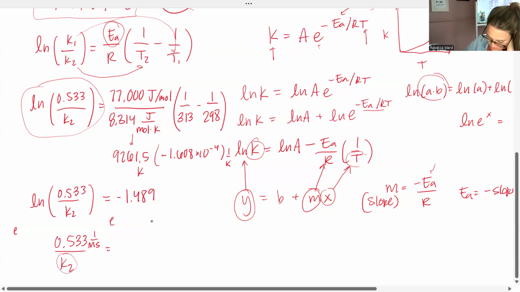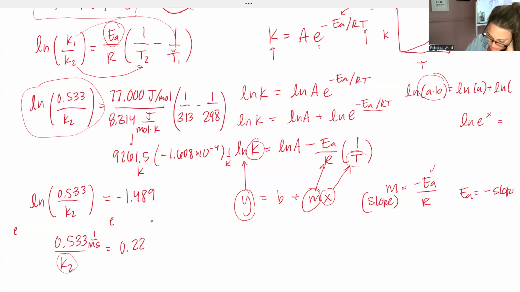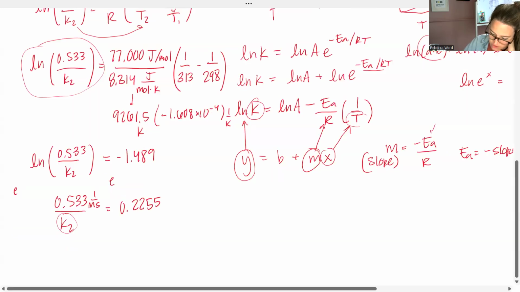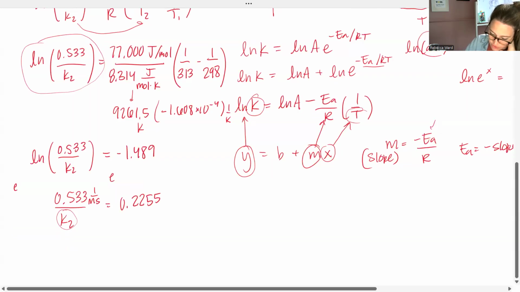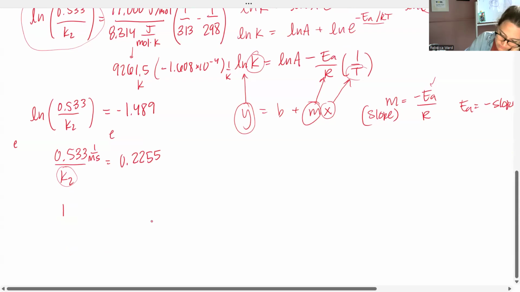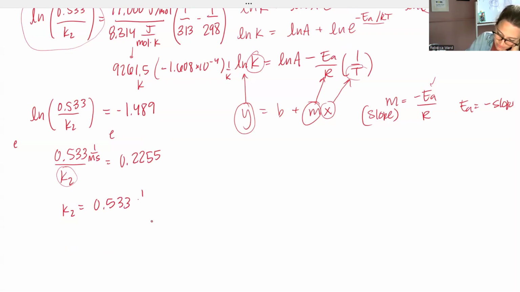So E to that, I got 0.2255 over here. And now to solve for K2, I have 0.533, 1 over molar seconds, divided by 0.2255.